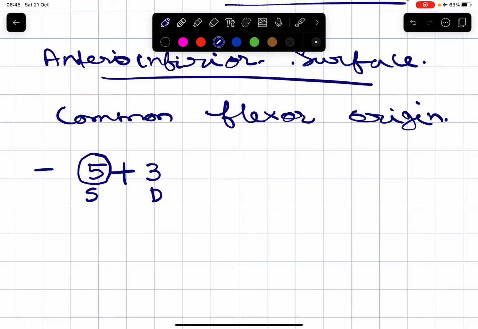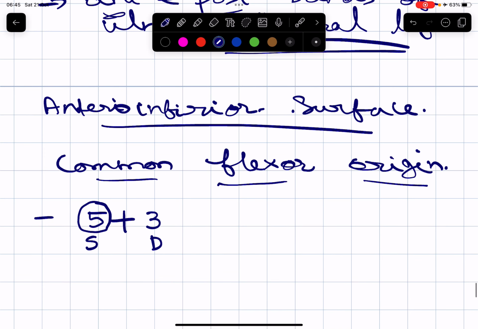Because it gives origin to the superficial flexor muscles, it is called the common flexor origin. Okay, and where exactly? The anteroinferior surface of the medial epicondyle provides origin to the superficial flexor muscles of the forearm. Therefore, it is called the common flexor origin.